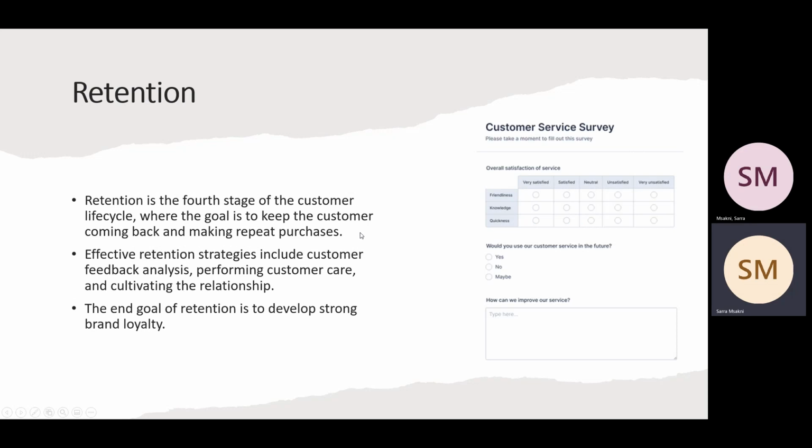So the fourth stage of the customer lifecycle is retention. And now retention begins with satisfying a customer's needs, caring for them, and cultivating the relationship. So by continually sending relevant and meaningful messaging to a customer, the chances that they return and make another purchase are higher.